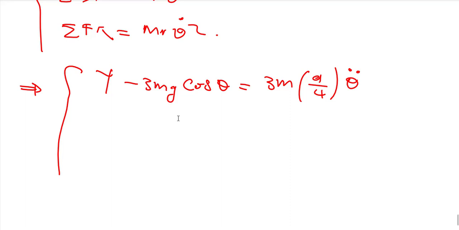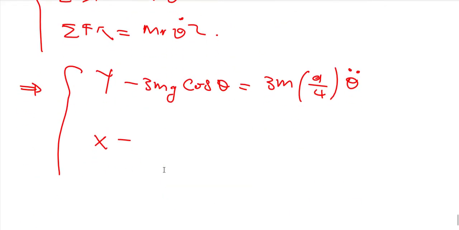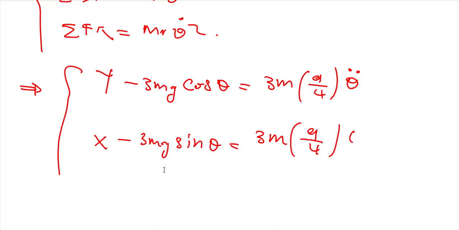Similarly, we have x minus 3mg sine theta, but this should be equal to 3m times a all over 4 times theta dot squared.